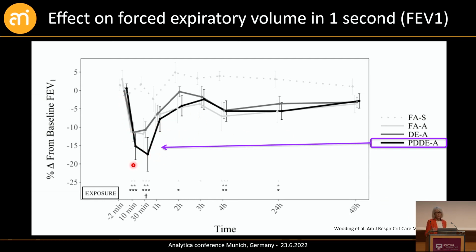So these are now the volunteers that have been exposed to the filtered exhaust, so no particles, in the presence of an allergen, and they saw a significant reduction in this expiratory volume, which is quite a short-term reaction. So the people can recover after this, so this has no long-term adverse effects for the people.